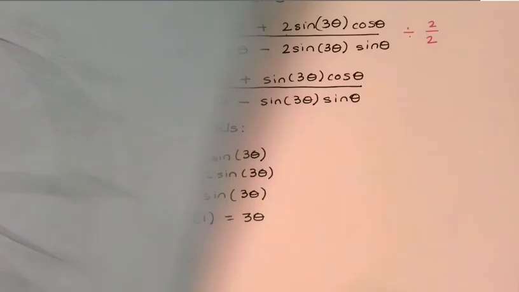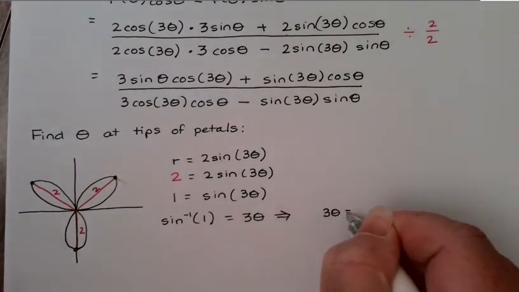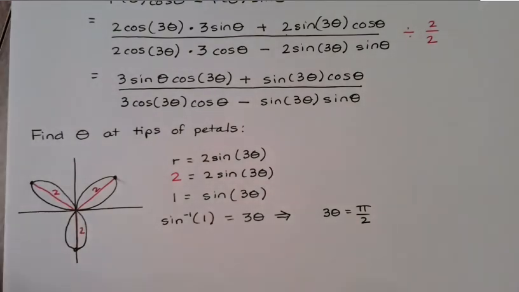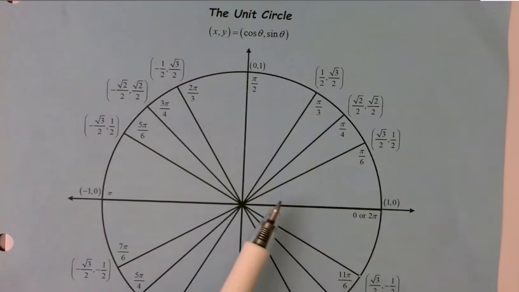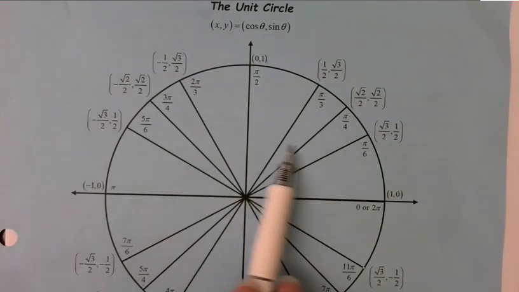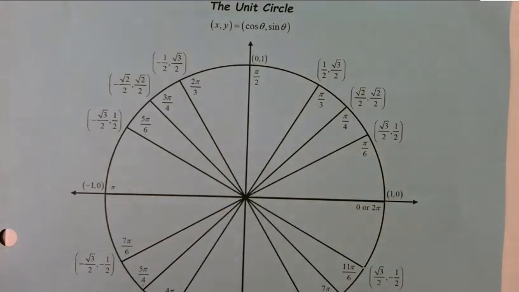So I'm going to say 3 theta equals pi over 2. To get 1 a second time, to get to the second petal, what I'd have to do is take this pi over 2 and then go all the way around to it again. So pi over 2 plus 2 pi.